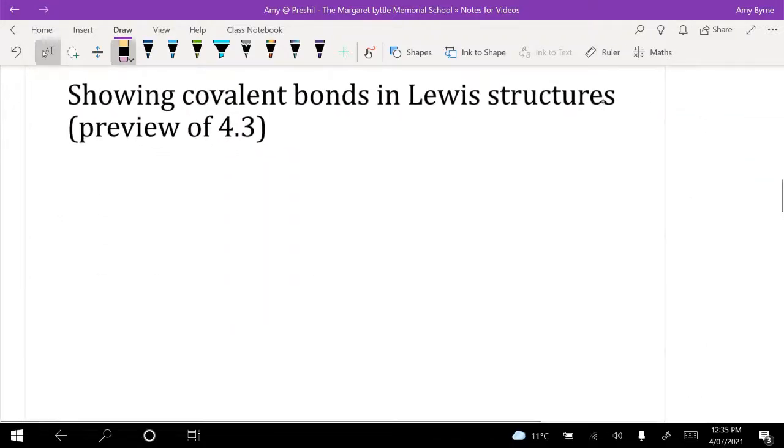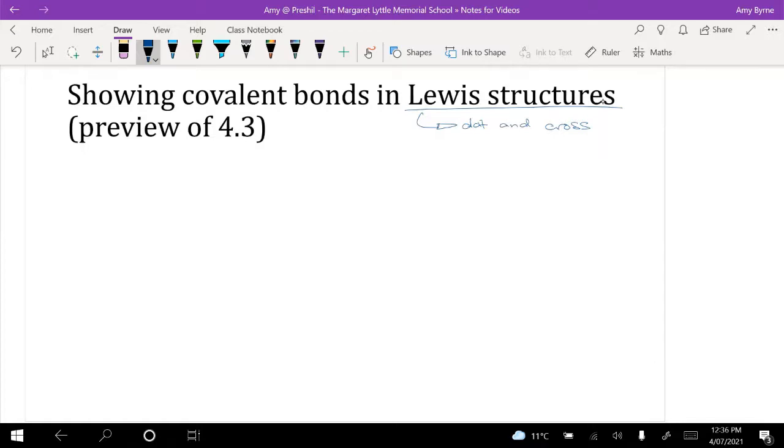Okay, so Lewis structures, the other way you might have heard Lewis structures referred to is dot and cross. So it's where we show the electrons by drawing dots or crosses.